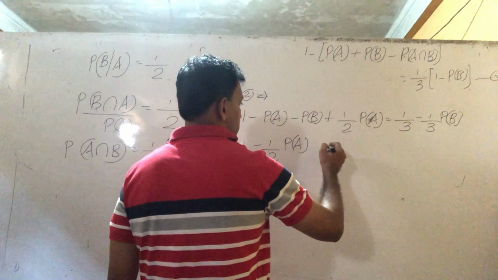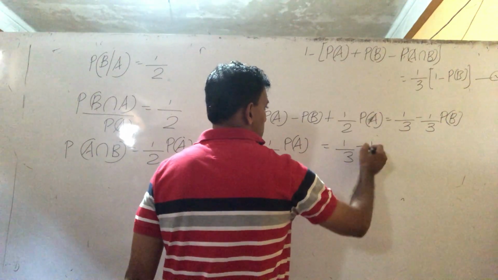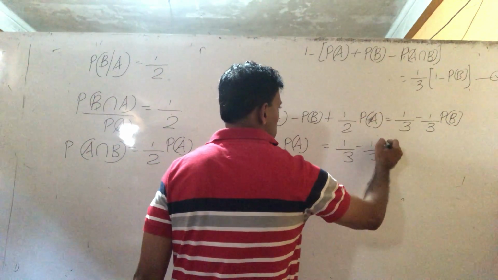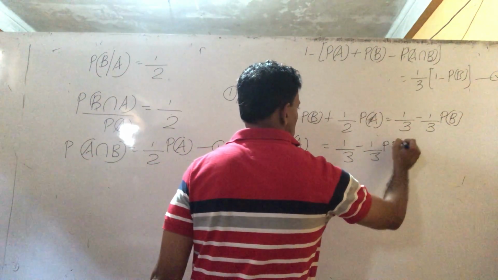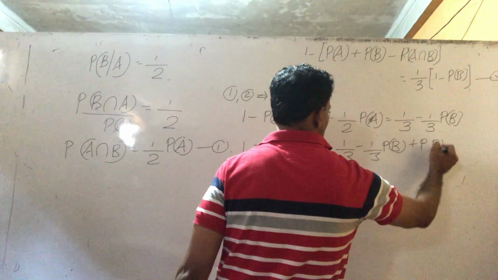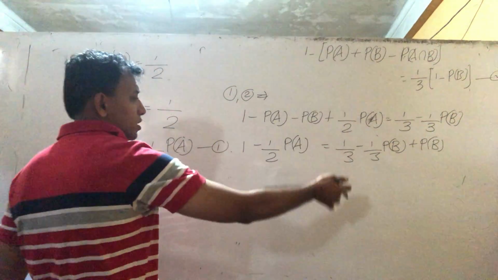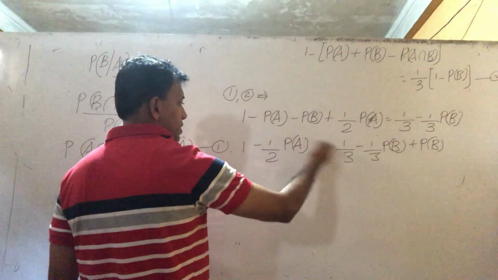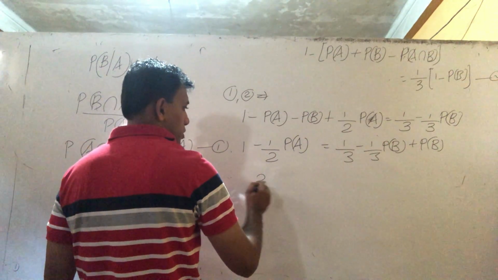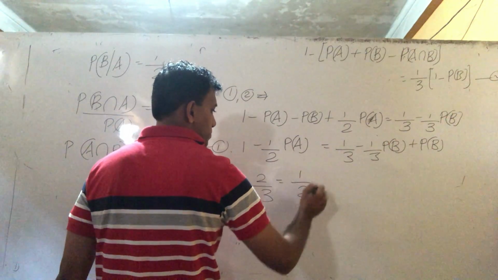The answer needs the numbers on one side. Can I take 1/3 minus 1/3 PB plus PB? Check the answer, how it's made. So can I change all to one side? If I take this side, 1 minus 1/3, I think 2/3. 2/3 equal to half PA.